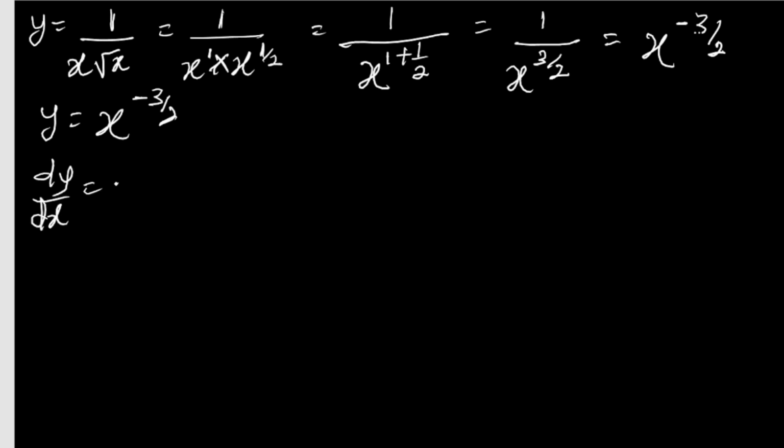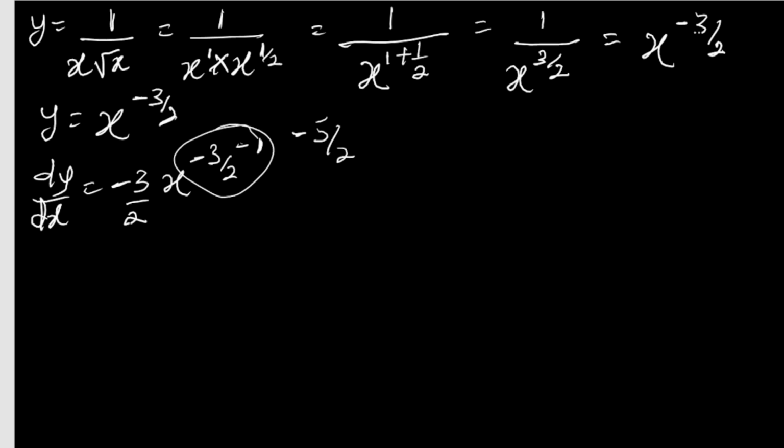So we have dy over dx to be minus 3 over 2, then x raised to the power of minus 3 over 2. Remembering our rule, the minus 3 over 2 is our n. So we are subtracting 1 from that. Minus 3 over 2 minus 1, when you do the mathematics, you have minus 5 over 2.